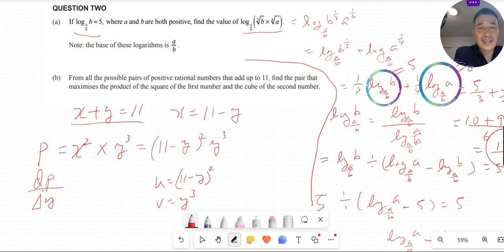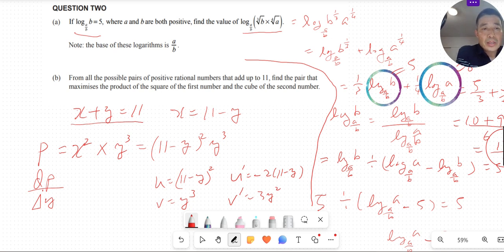So u prime is what? Inner is negative, so negative, and outer is 2, 11 minus y, right? And v prime is simply 3y squared.